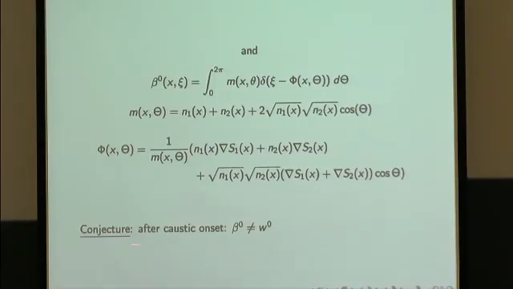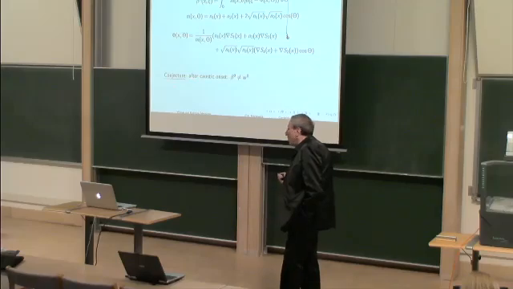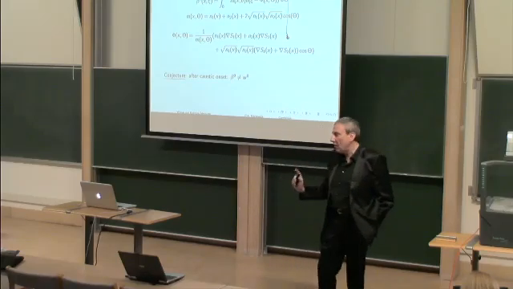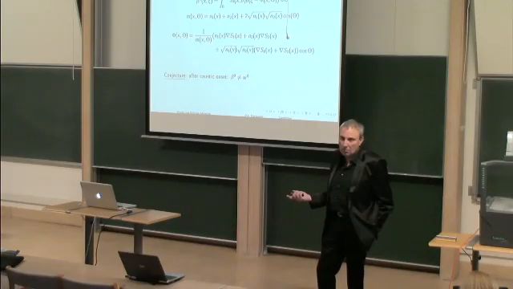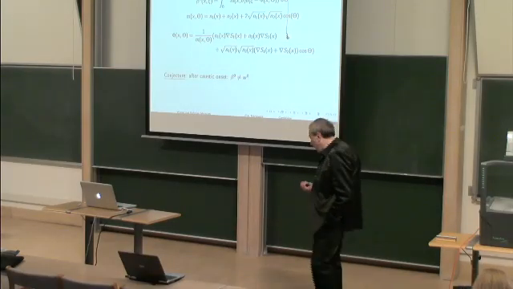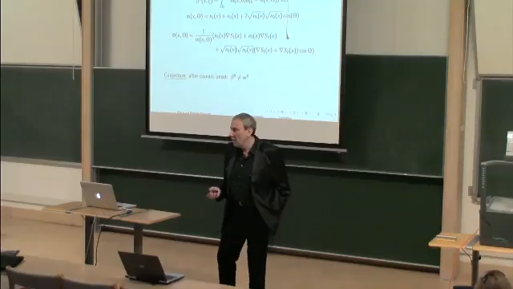So basically, this means that beta 0 in this case is different from W0. Okay, so the conjecture that we have, and this is actually a theorem that we are trying to prove, is that after caustic onset in generic cases, beta 0 is going to be different from W0. Okay, now, you are, of course, welcome to draw your own conclusions about what that means for Bohmian mechanics. Okay, thank you very much.